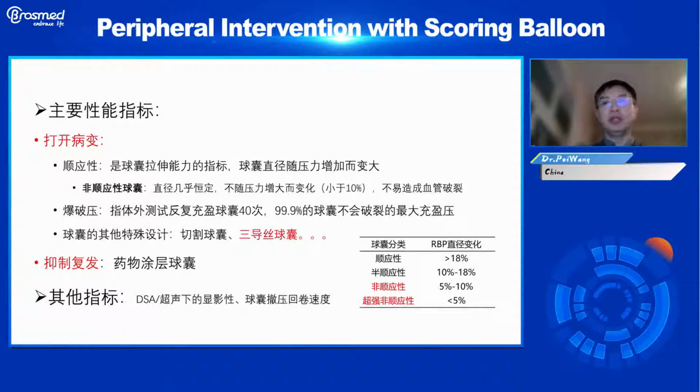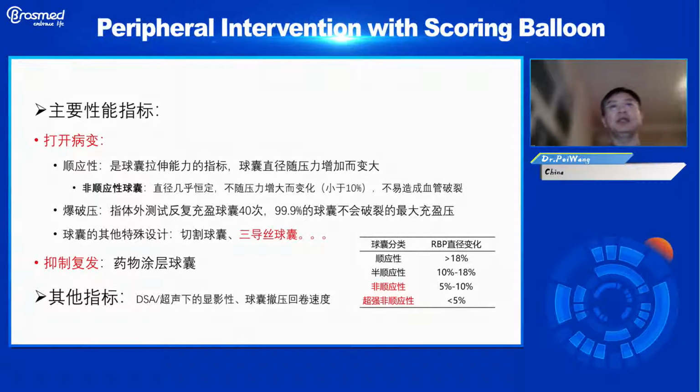In order to open the lesion, for use in the AVF, that is the non-compliant high pressure balloon. Generally speaking, when we use it in the AVF, the burst pressure is nearly 20, or even higher pressure could open the lesion.